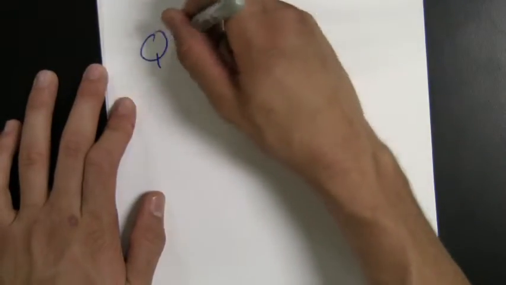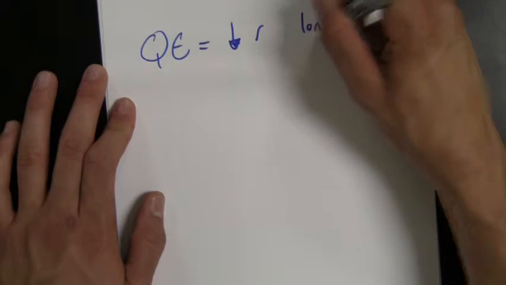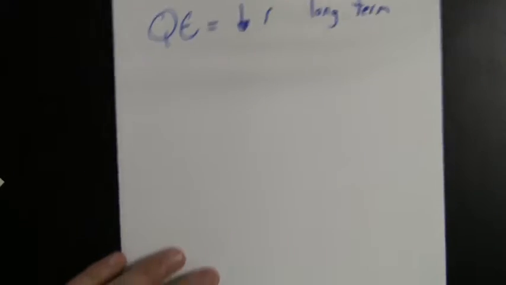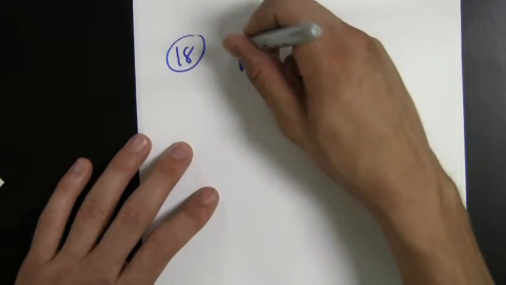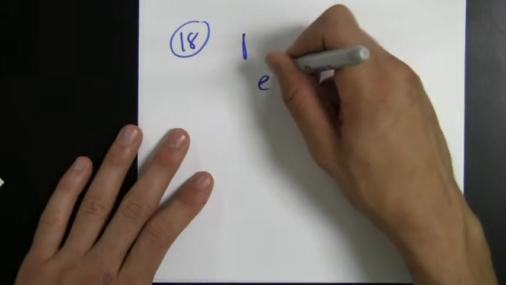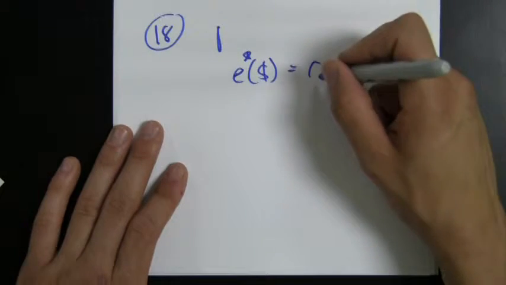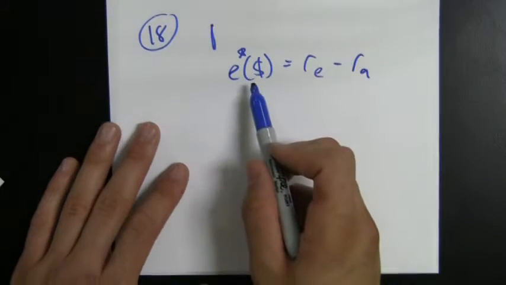Moving on to number 17, quantitative easing is just a means of lowering interest rates in the long term. We'll talk about that during the review if you guys come to it. Number 18, we're going to be dealing once again with the dynamic exchange rate. The dynamic exchange rate according to interest rate parity is that the interest rate everywhere else minus the interest rate at home will give us the exchange rate.